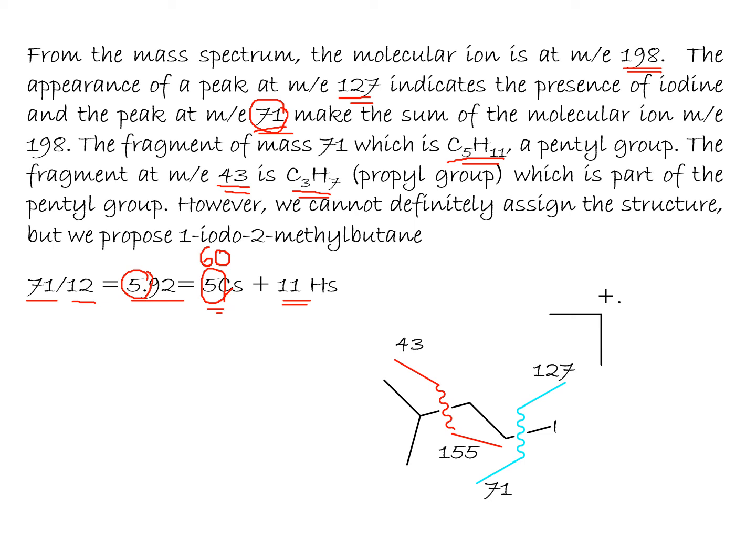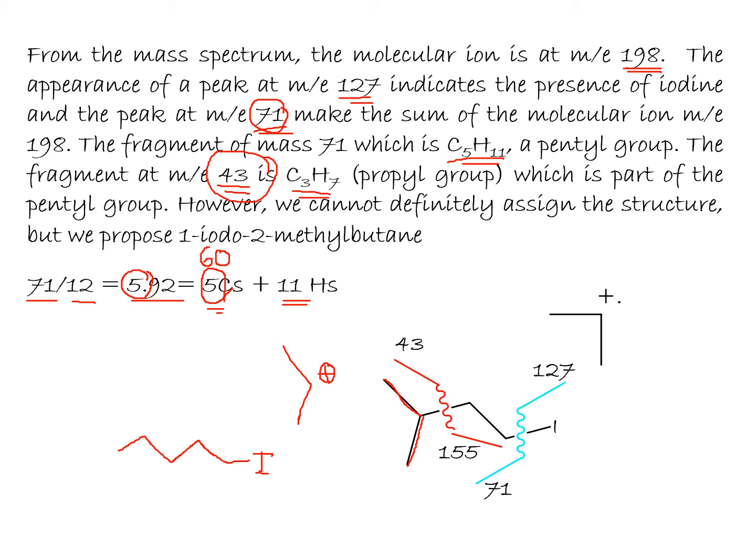It's RI, but looking at 43 as a base peak, this means that it is a stable ion, and to be a stable ion, a secondary one, that's why we have it in iso here. A secondary will be more stable than if you draw it this way: 1, 2, 3, 4, 5 iodide.